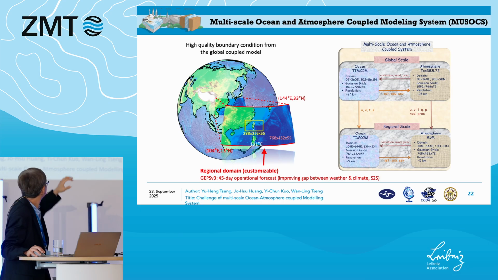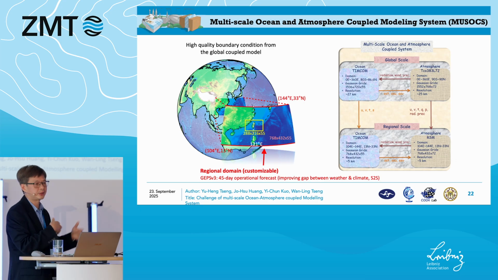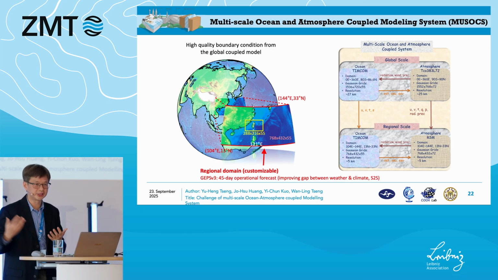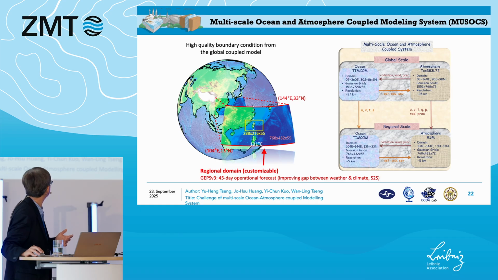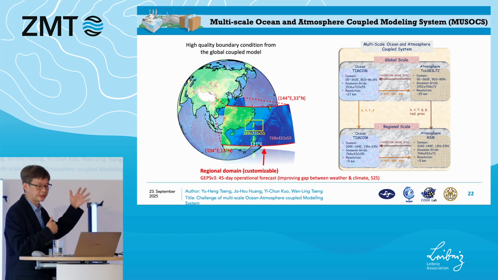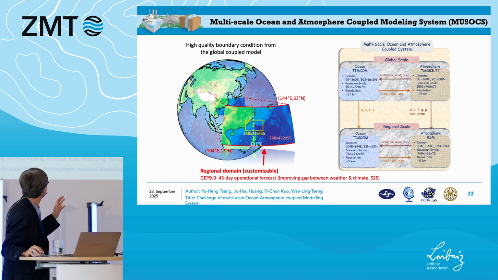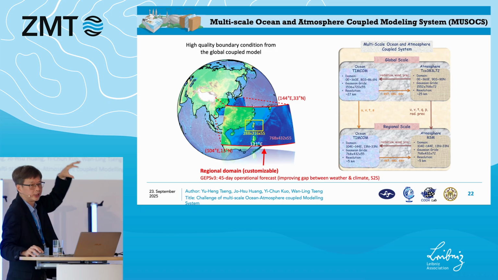The framework is because we are trying to make it more operational. In regular times, we are running smaller domains for the Taiwan region. But if, for example, a typhoon or some specific event is coming, we can run a larger domain, and this adjustment can be done automatically. Also, this kind of block can be put anywhere in the world.